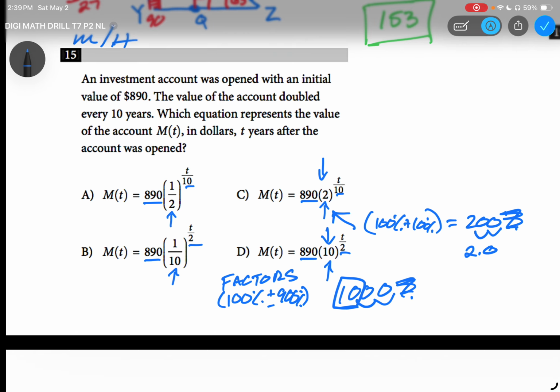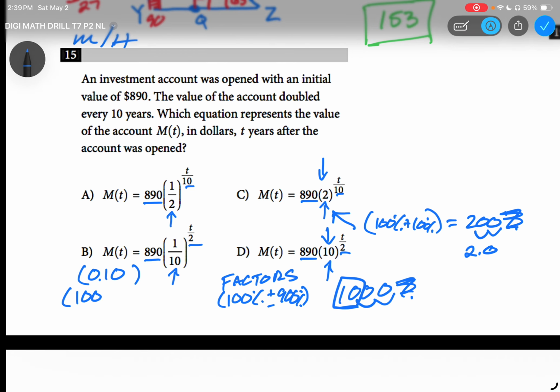Well, what about answer choice B? In parentheses, we have 1 over 10, which is also known as 0.10. What does that represent? That means something's going down in value big time.